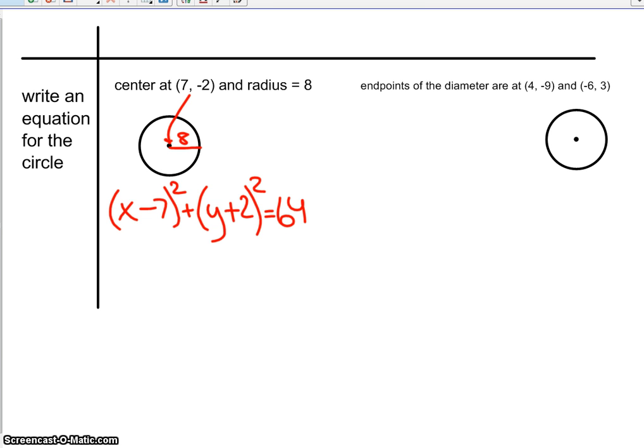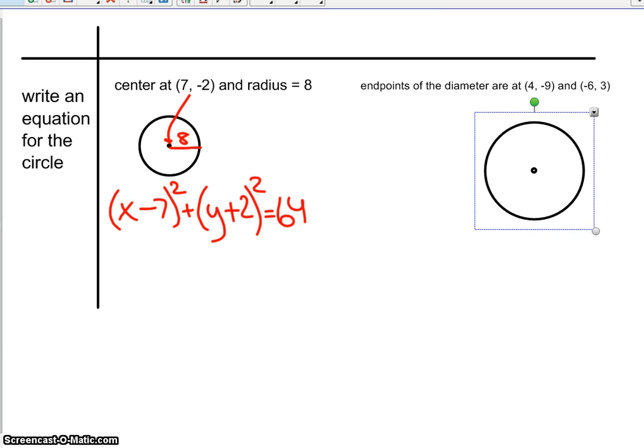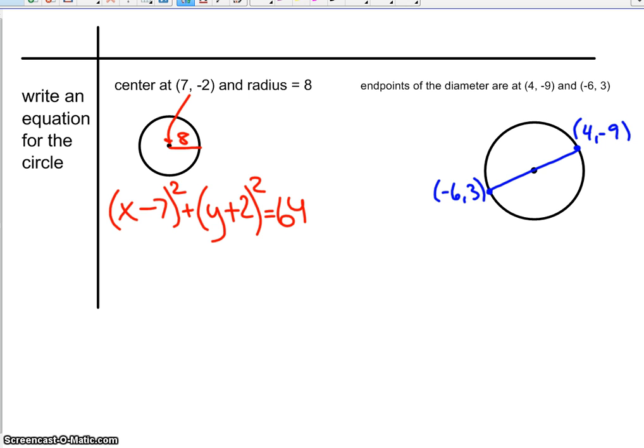Now another situation that will come up is they may give you parts of a circle. So in this situation, they told you the endpoints of your diameter are 4, negative 9, and negative 6, 3. Well, what I need to do is use my midpoint formula to find that center.